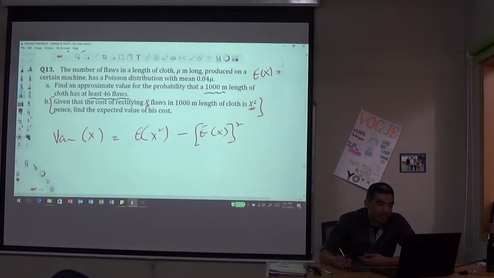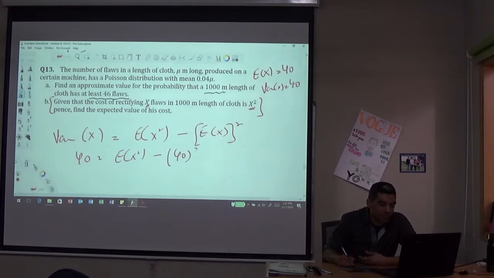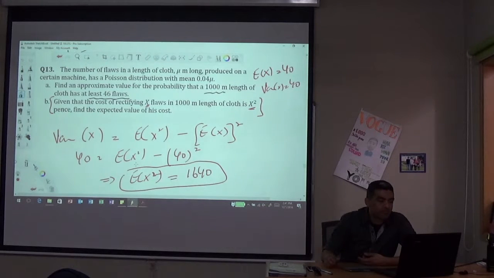E of x is 40. Variance is also 40. Can you give me E of x squared? 1640. Yes. 1640 pence, or you can say 16.4 pounds.